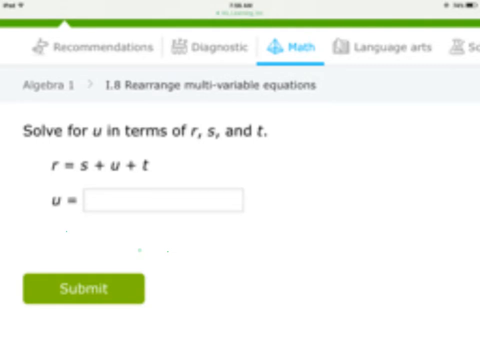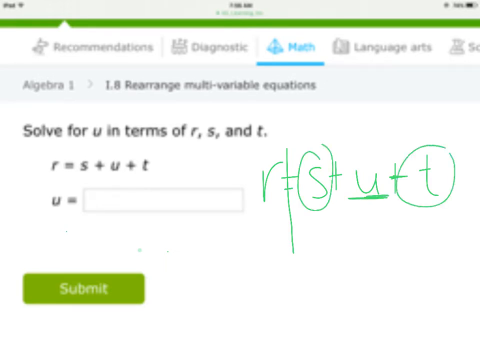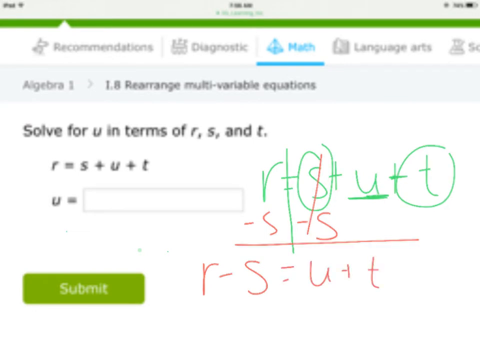For this problem, we want to get u by itself. So right now, u is being added with an s and a t. We want to undo those operations. To get u alone, we're going to subtract s from both sides. So now we have r minus s equals u plus t.